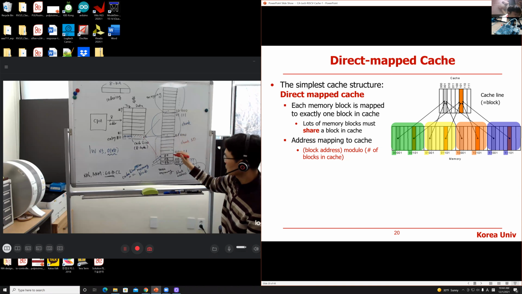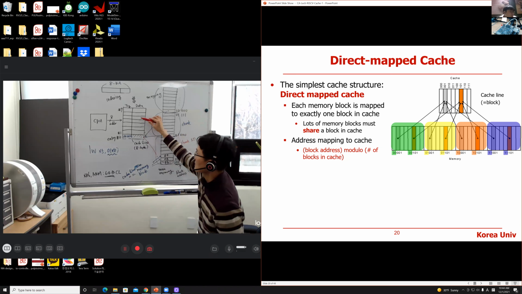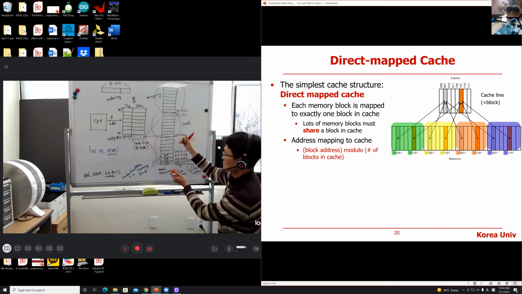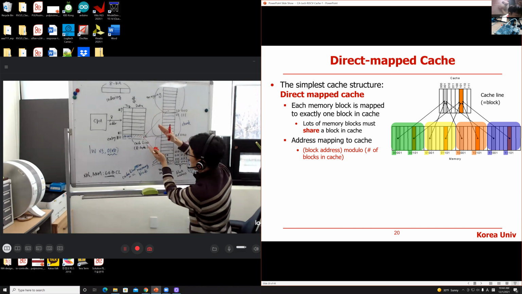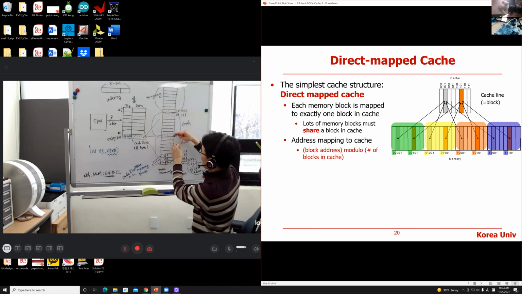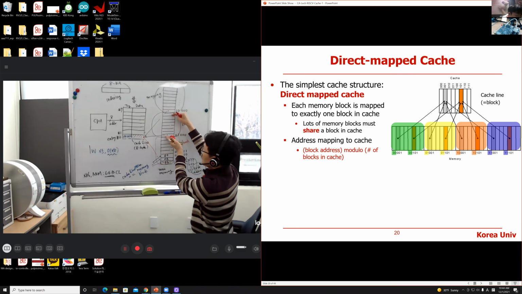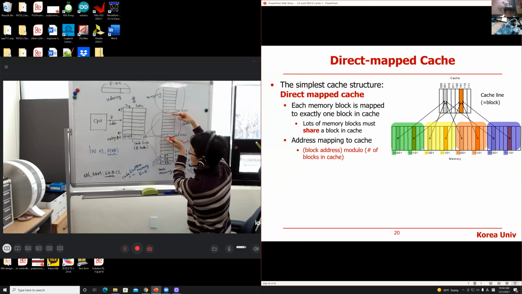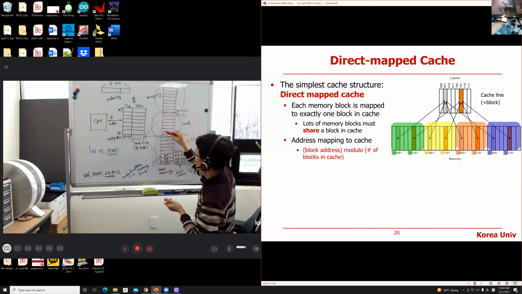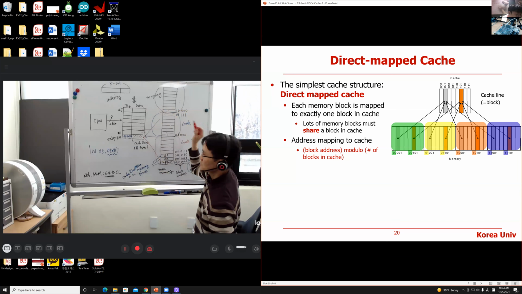In this chunk, you have how many blocks? 8 blocks. You have 8 cache lines, right? 8 blocks, and that is directly mapped to that cache. These 8 memory blocks are directly mapped here, 1-to-1. This one goes to here, the second one goes to the second entry, the third one goes to the third entry, and so on.